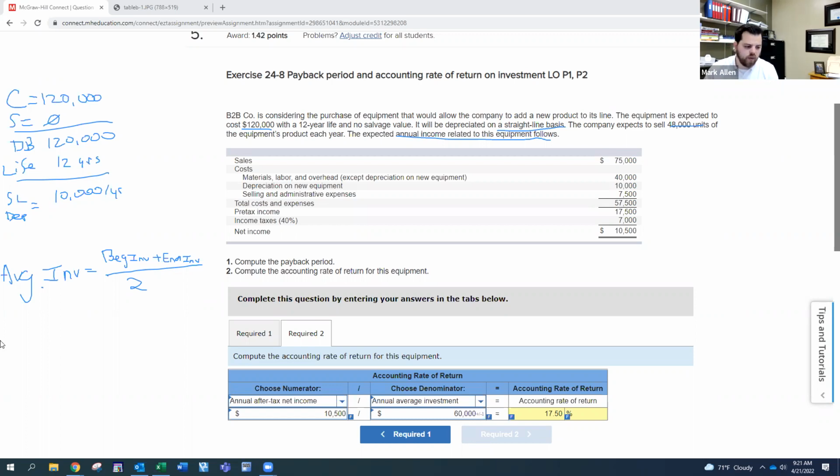So what we're going to do is, for my annual average investment, and I'll just call that AAI, just because I don't feel like writing the whole thing. We're going to take our beginning value of the actual asset, which, let me give you a hint here, is just the cost. It's the cost. So we'll just write that. Cost plus my ending book value for my asset.